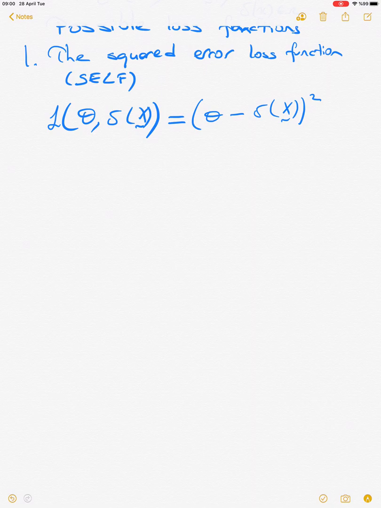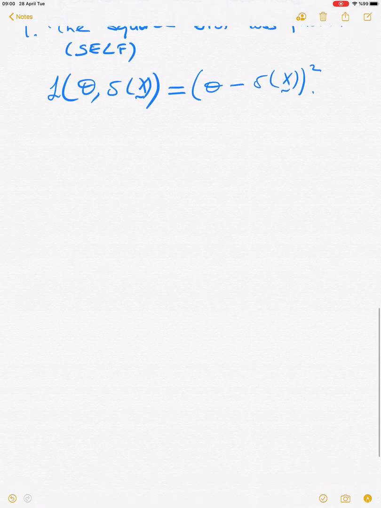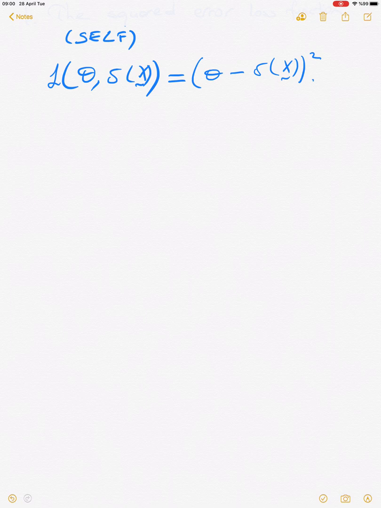Okay, so this is the squared error loss function, and if you choose this loss function, the minimum value is attained at the mean of the posterior distribution.